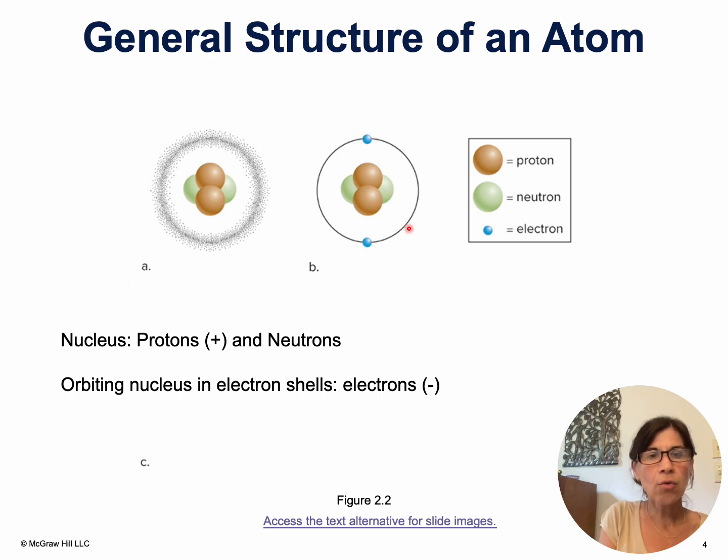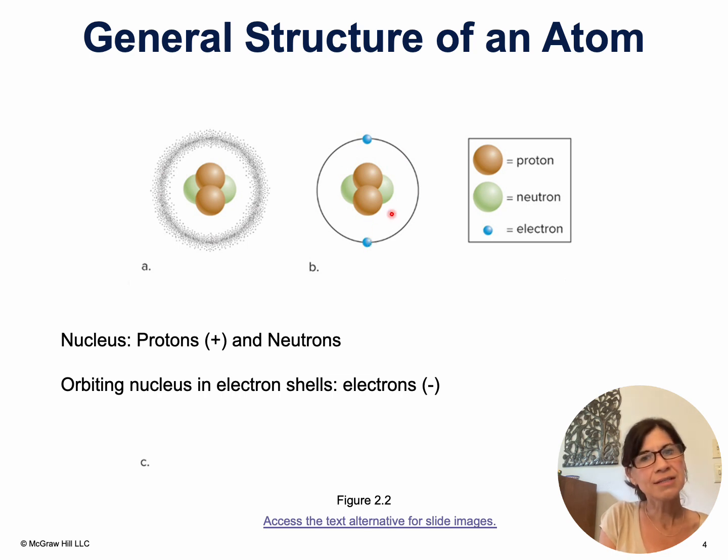Electrons orbit around the nucleus in electron shells, and electrons have negative charge. Each one has a -1 charge. So atoms are therefore neutral because the nucleus has a +2 charge, and here the electrons have a -2 charge, so they cancel each other out. So this atom is neutral.